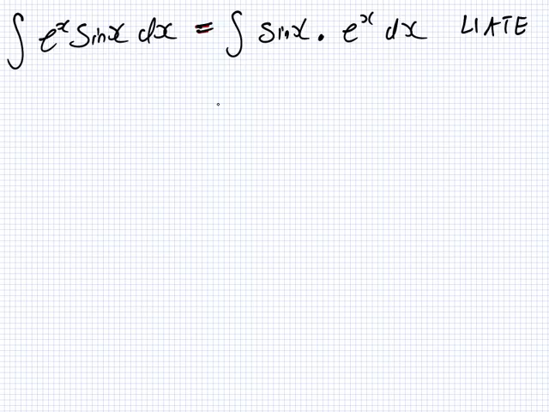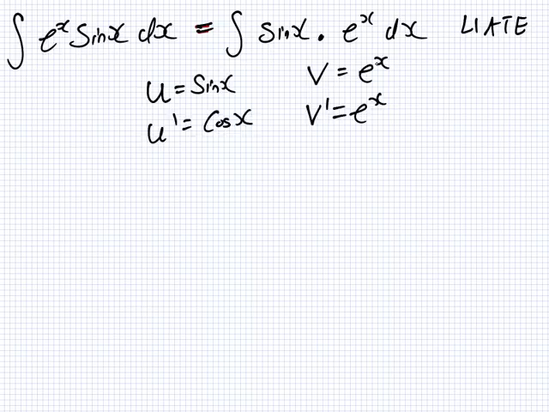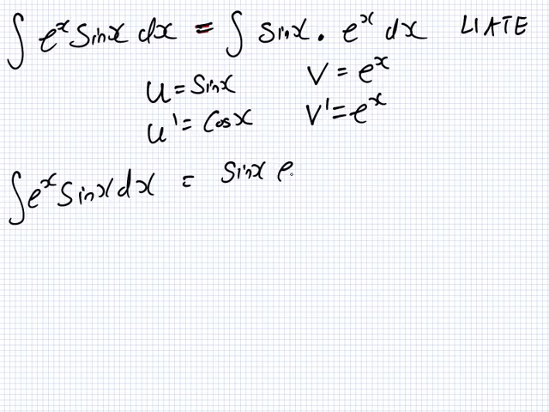So we have u equals sin x, u derivative equals cos x, v derivative equals e^x, and v equals e^x. So the integral of e^x sin x dx equals uv minus the integral of u derivative times v, like this. You have the same thing.